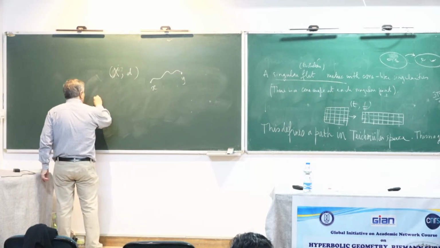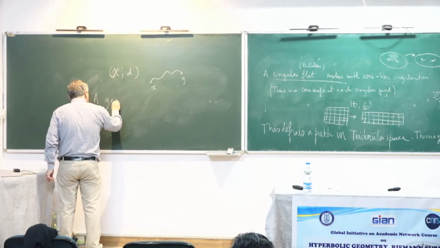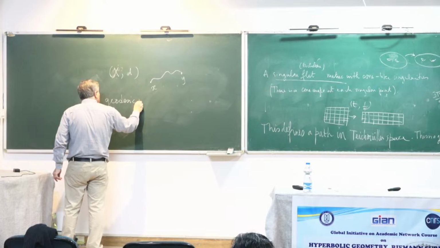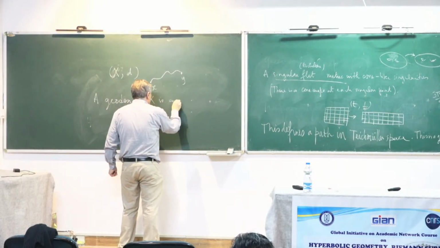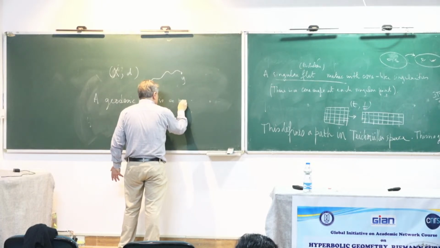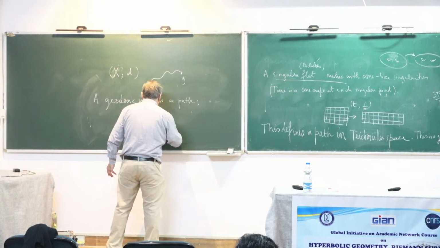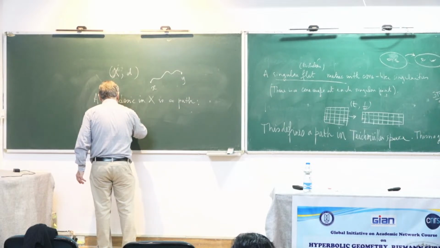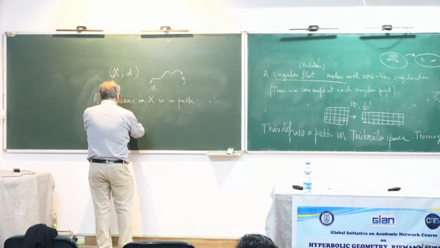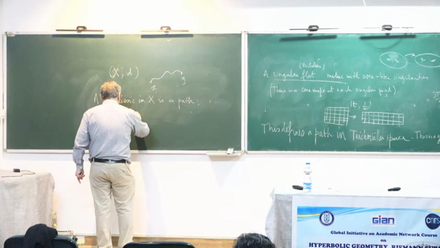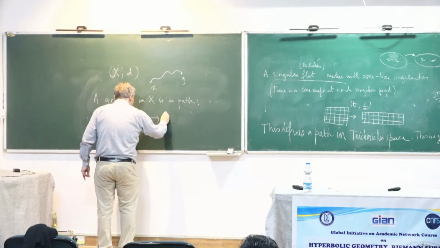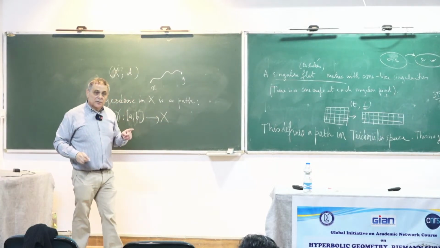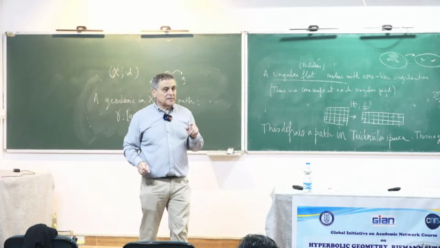A geodesic in X is a path, just a map gamma from some interval of the real line into my space X. Somebody said something?